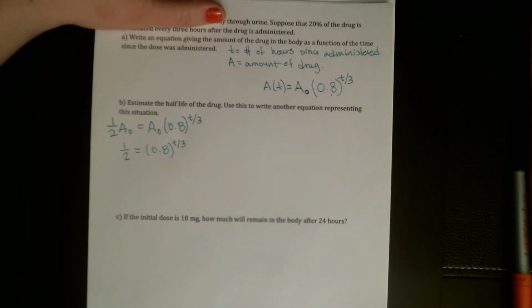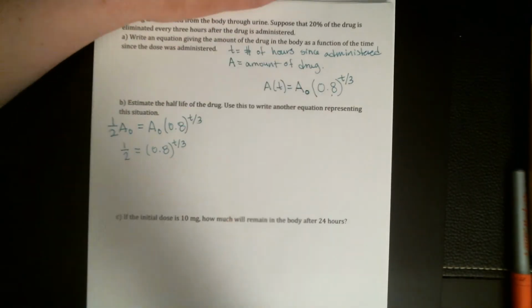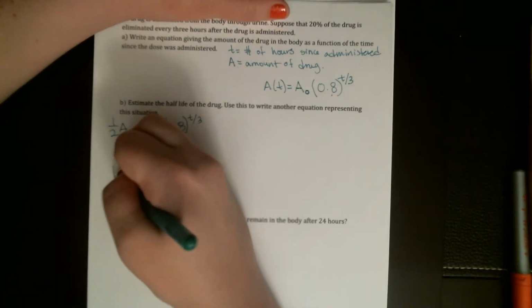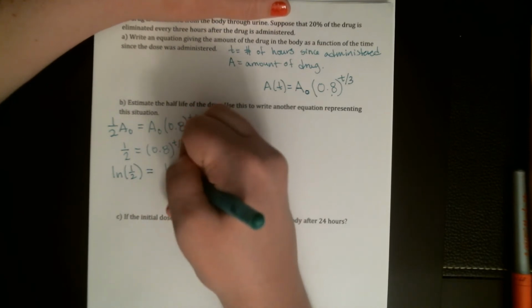We should now take a log, and you can really choose any log you want. I would actually say for a word problem, this should probably be dictated by your calculator. If it's easy for you to choose a log base other than 10 or E, then go ahead and just use log base 0.8. That's going to solve this with the least amount of steps. I have a calculator that it's easiest to use a natural log or common log in, so I'm going to go ahead and use natural log here, just to save me from having to change base in order to plug this into my calculator.